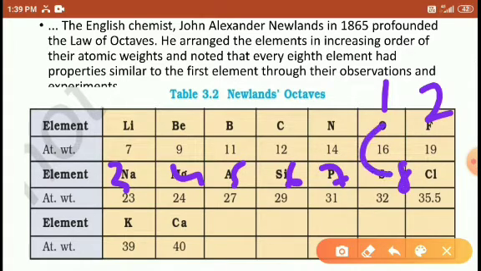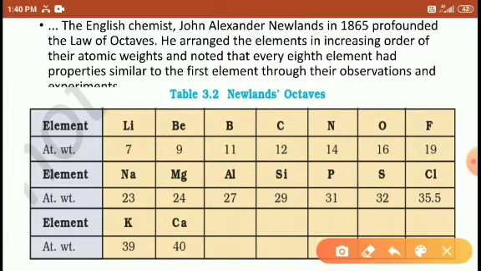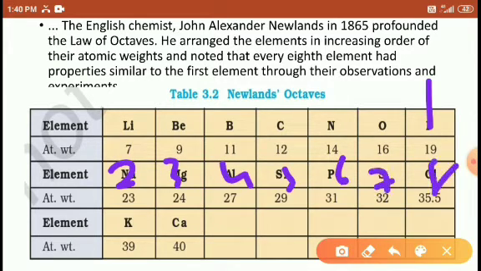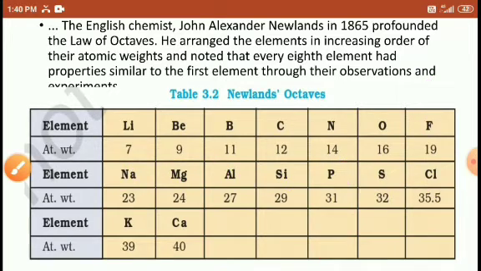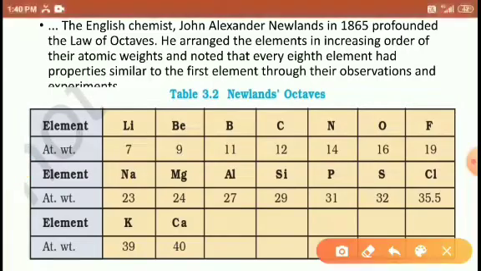Oxygen and sulfur belong to the same group. If fluorine is considered the first element, then second, third, fourth, fifth, sixth, seventh, eighth. Fluorine and chlorine exhibit the same properties. Right students?